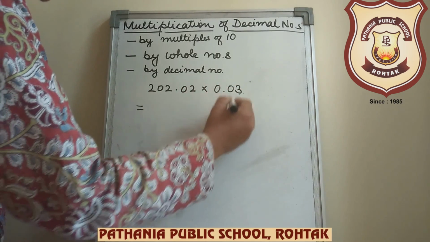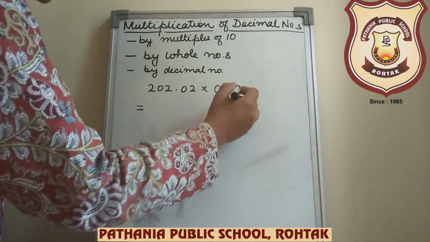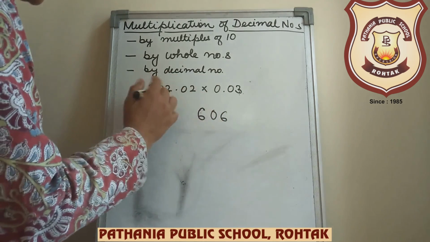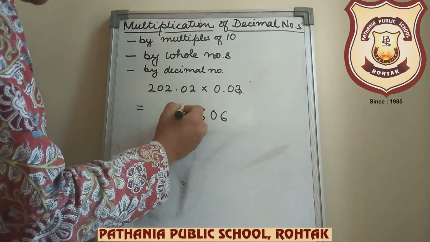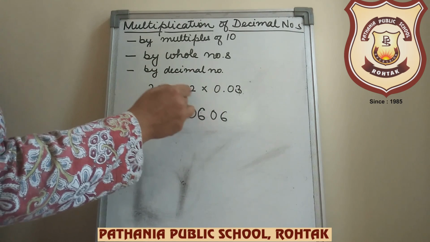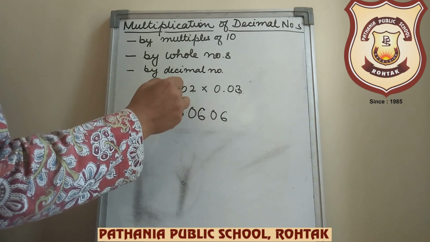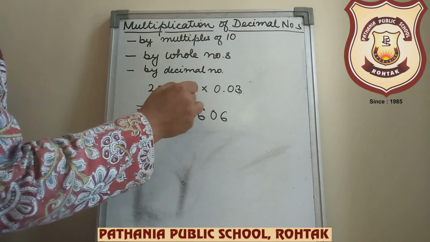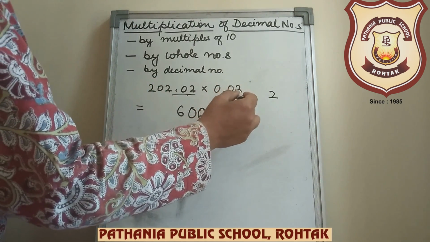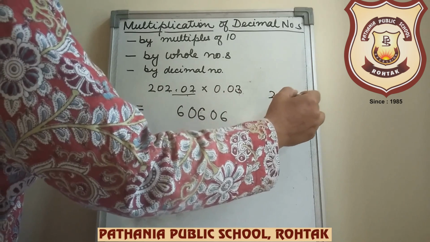3 2s are 6. 0 as it is. 3 2s are 6. 0. Again 3 2s are 6. Now count how many digits are there after the decimal in the first number. 2. And in the other number again 2.